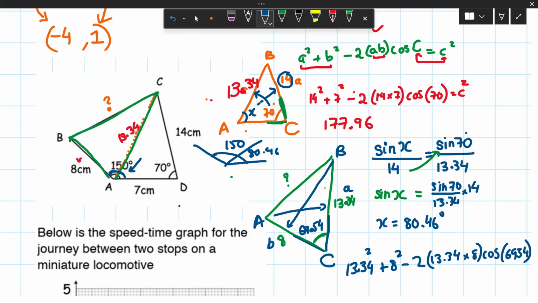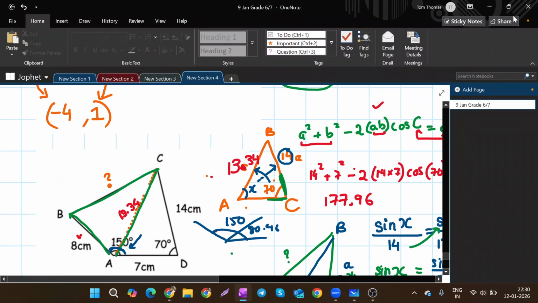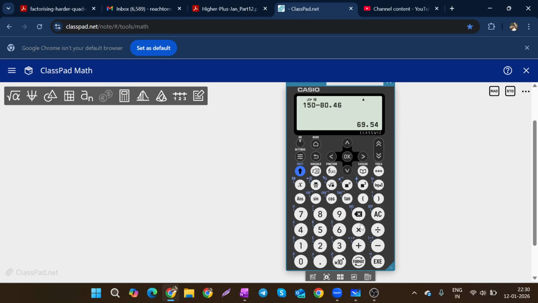So let's do that. 13.34 and 8. This is taking a while, isn't it? 13.34, square that, and 8 squared, take away 2 lots of 13.34 times 8, and that gives me my C squared.